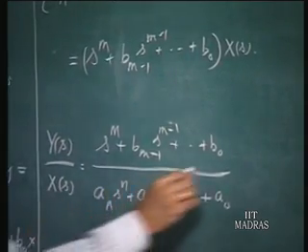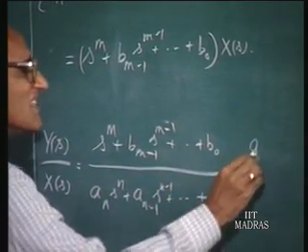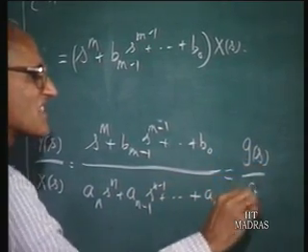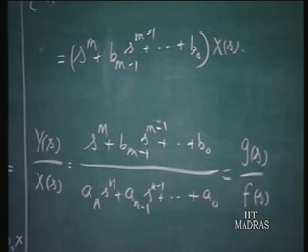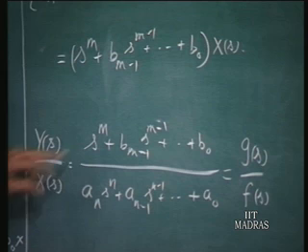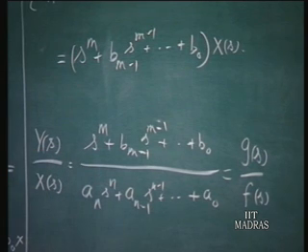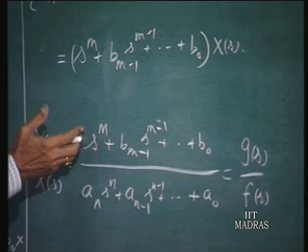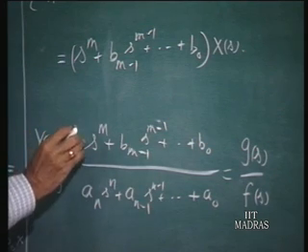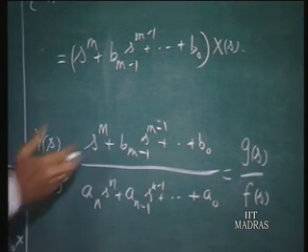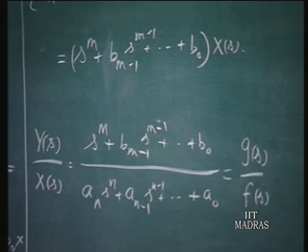This we can put as the ratio of two polynomials, g(s) over f(s). I have taken the leading coefficient to be 1. It doesn't entail any loss of generality, because even if there was a leading coefficient different from 1, we can divide all the terms by that term and reduce it to 1.